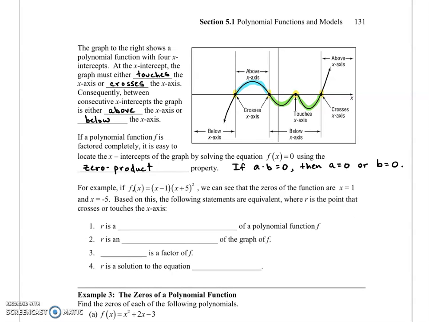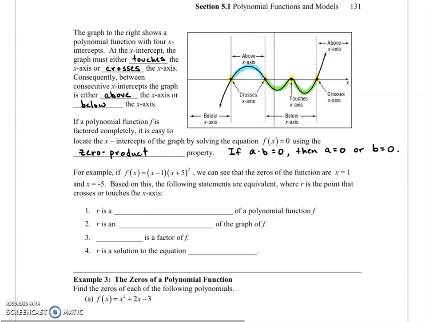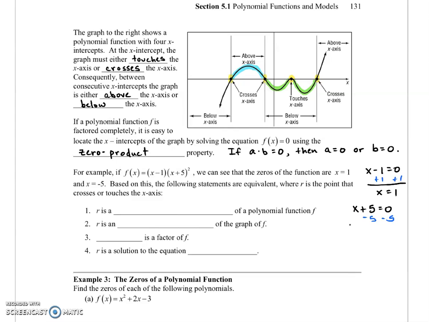So for example, if we have f of x equals x minus 1 times x plus 5 squared, we can see that the zeros of the function are x equals 1 and x equals negative 5. We get those by doing x minus 1 equals 0, so if we add 1 to both sides, we get x equals 1. Or we have x plus 5 equals 0, and by subtracting 5 from both sides, we end up with x equals negative 5.